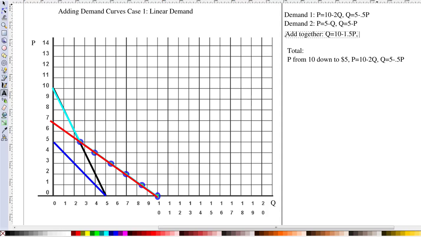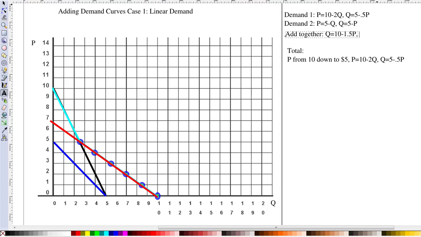And so what we're saying here is to get the bottom part of this equation when the price is less than 5, that's how you can get that bottom part of that equation. Add the two equations together when they're written as Q equals.